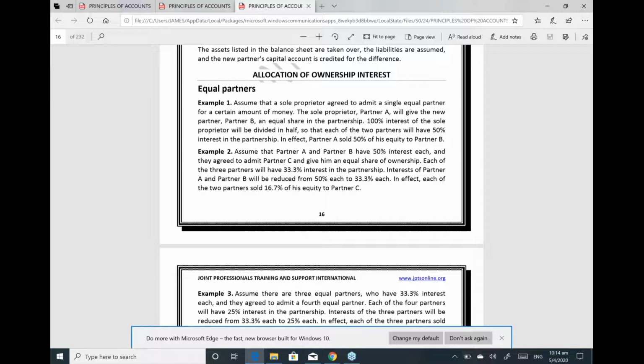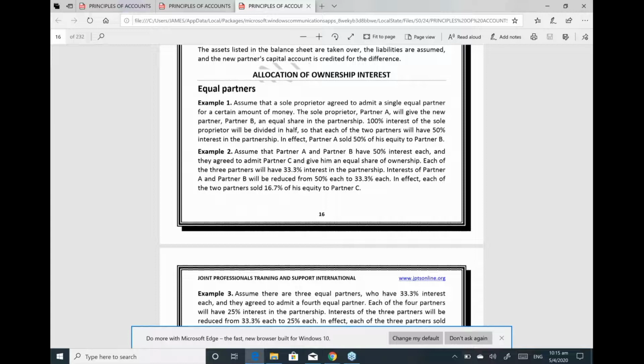Now, how do we get the 33.3%? We got the 33.3% by dividing 100% by 3. If you divide 100% by 3, you are going to have 33.333, so if you round it you now have 33.3.